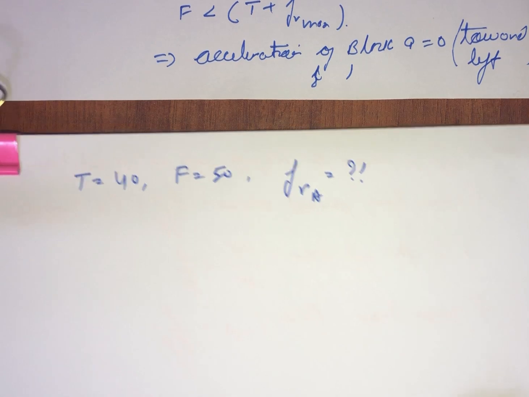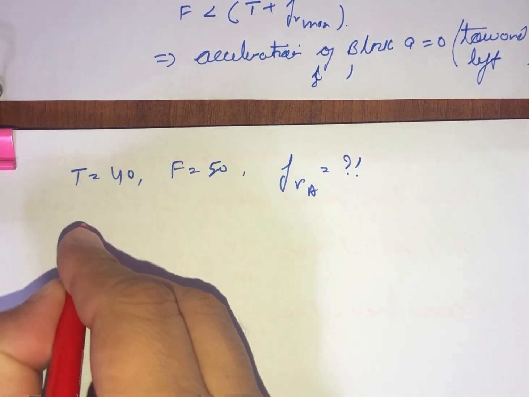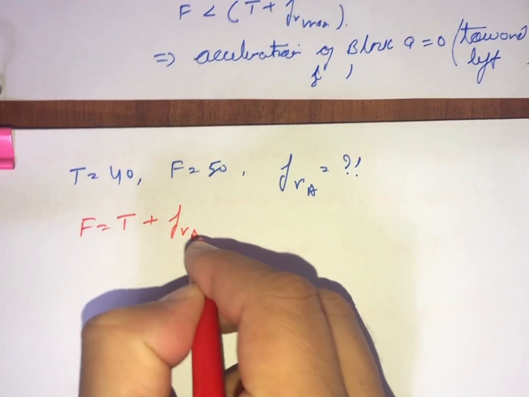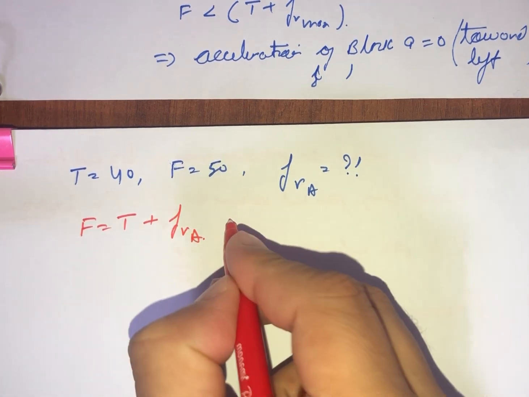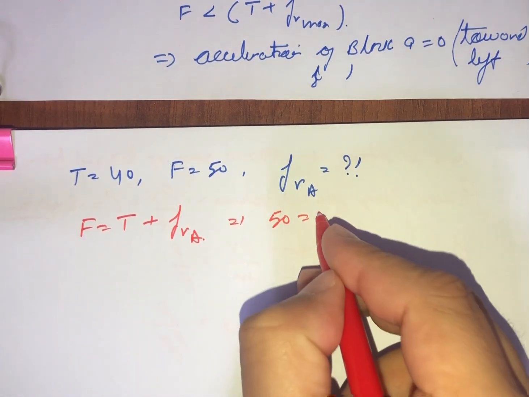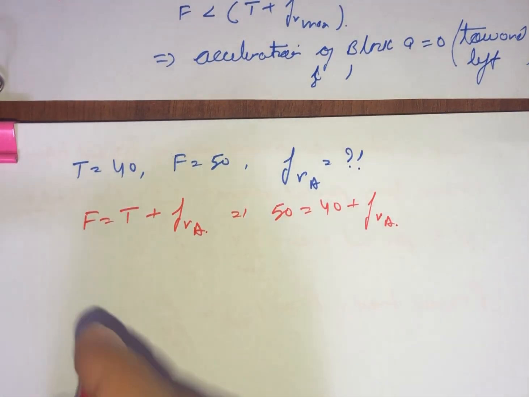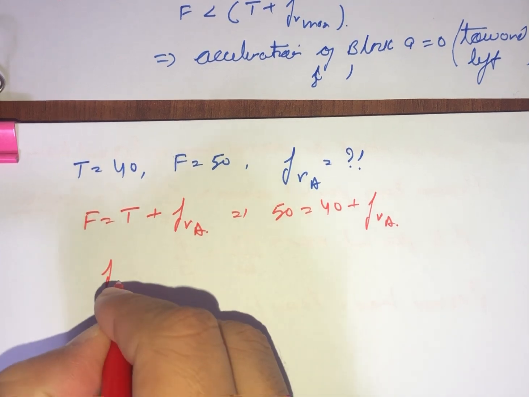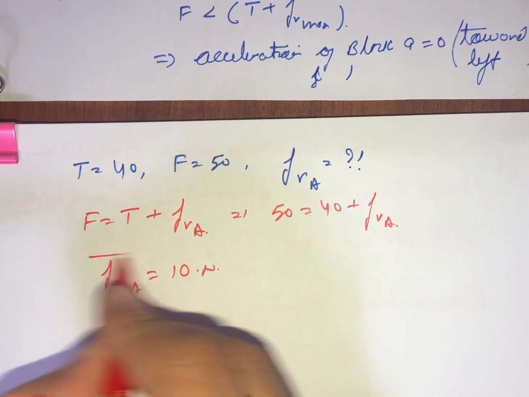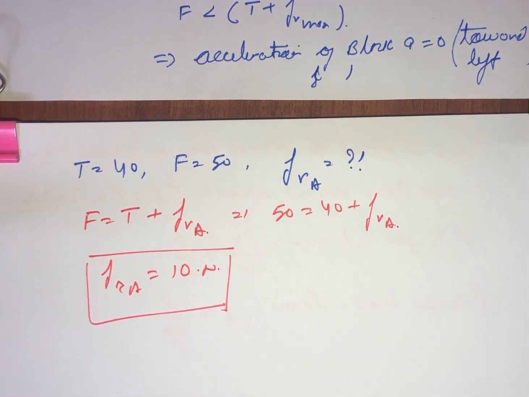So we can use the equation from the free body diagram of A. We can say that F will be equal to T plus Fr, and from here force is 50, tension is 40, and plus Fr. So we get Fr is equal to 10 Newton.